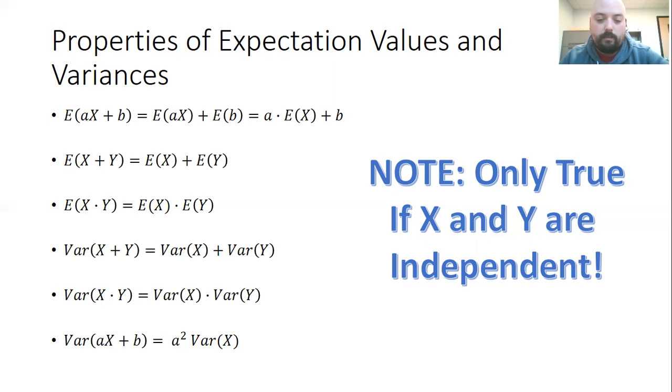We find that the variance of the independent variable is simply multiplied by the scalar value squared. Note again that these are only applicable if x and y are independent.